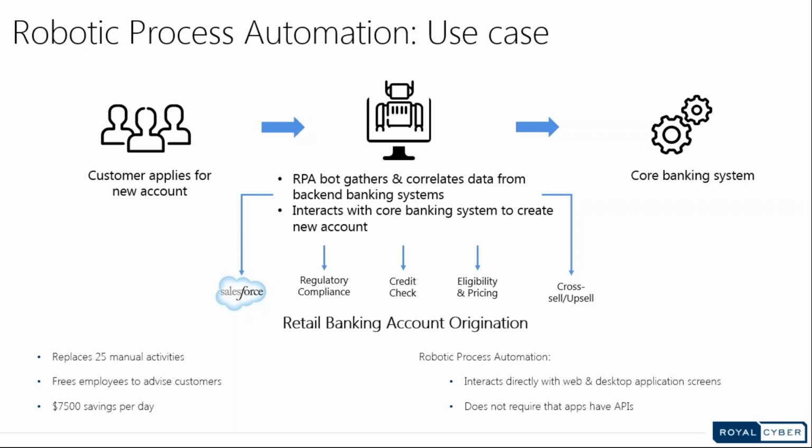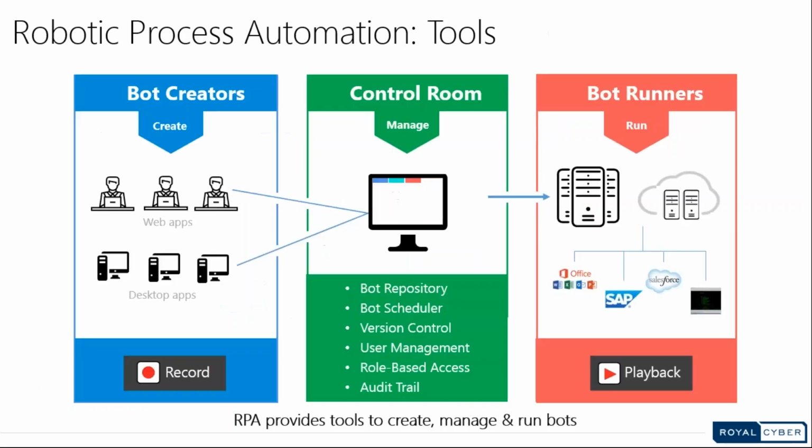This is a case study that we did, where CRM was already in place, and of course the bank had a core banking system in place. There were tools like Salesforce also, and there were needs for automation to fulfill regulatory compliance, to have credit checks, for eligibility in pricing, and for cross and upselling.